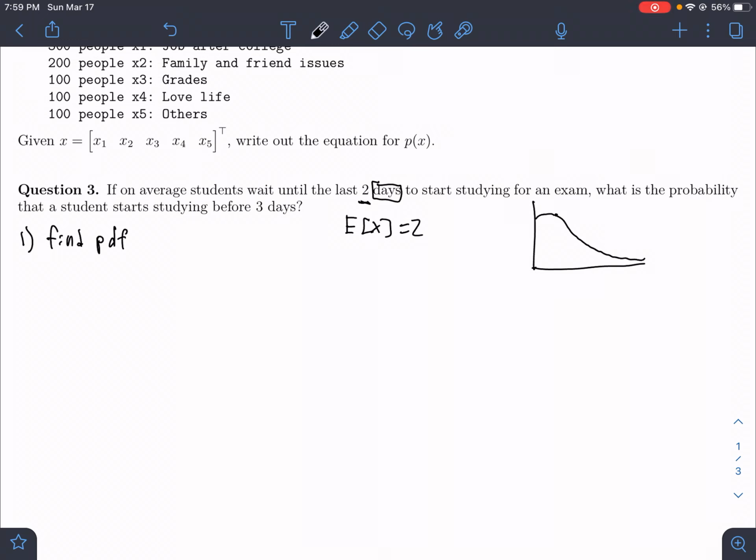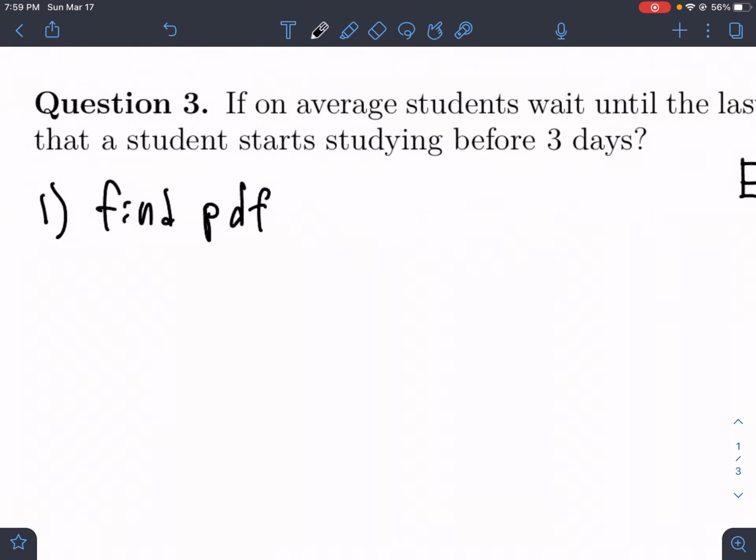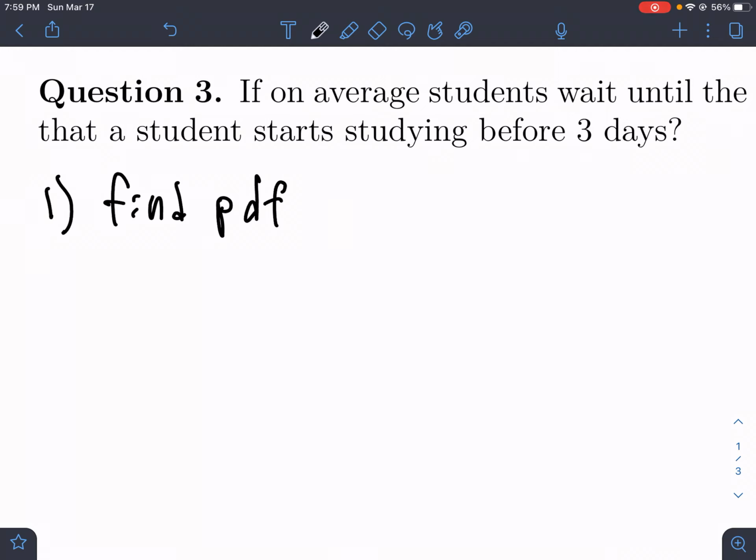I'm not quite sure about the exact curve, but in general, this is a pretty clear indicator to me that we're going to be using an exponential distribution here. If you have a question that's of this format, it's usually asking for an exponential distribution. All right, so now that we've identified we're using the exponential PDF, let's write that out.